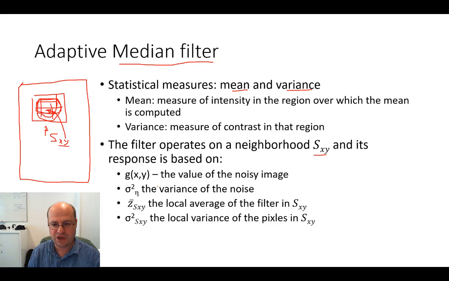Its response is based on the value at that point, the variance of the noise on the entire image, not only on the neighborhood, the local average in that neighborhood, and the local variance of this neighborhood.